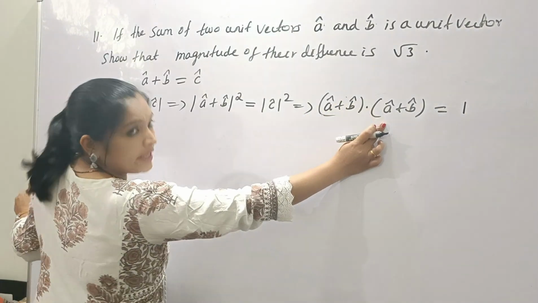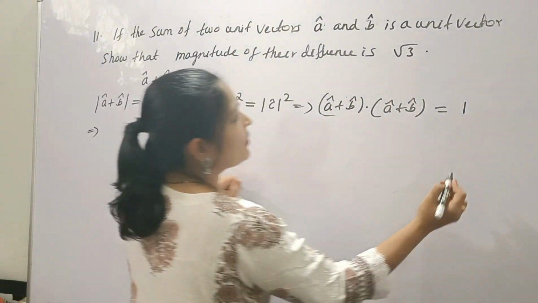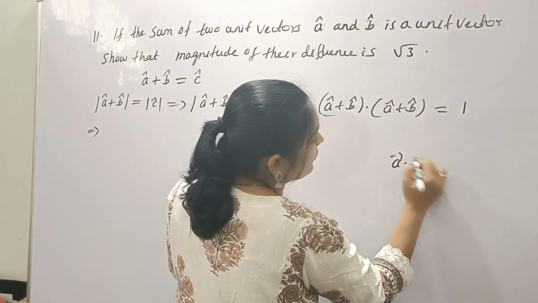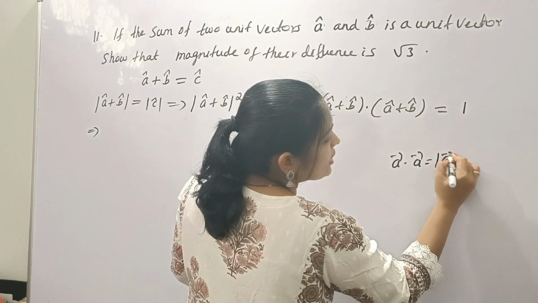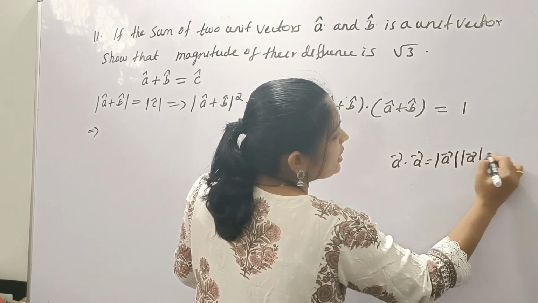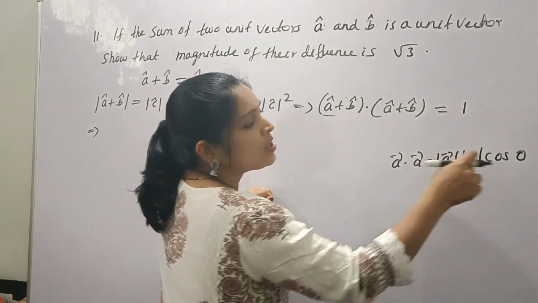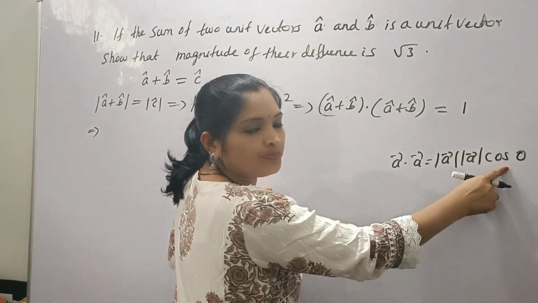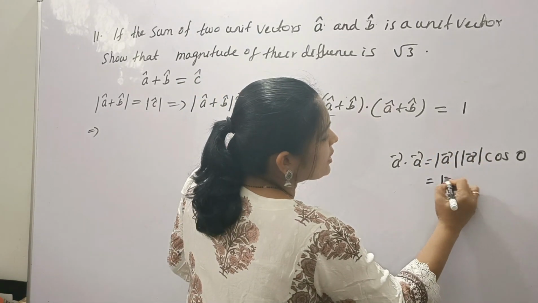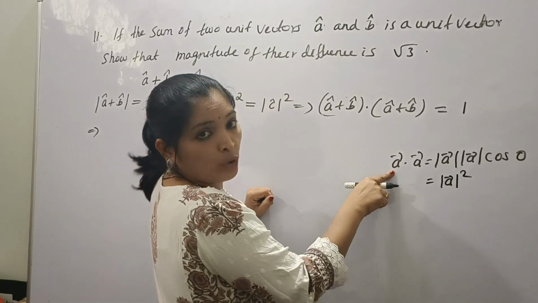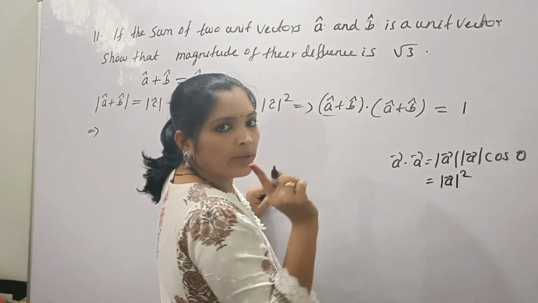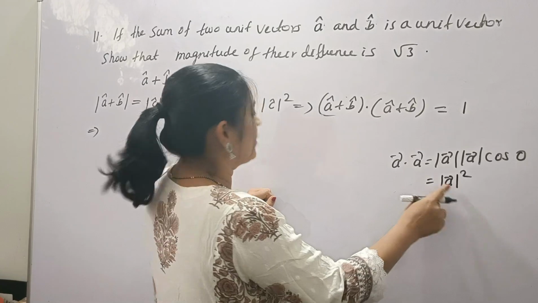A cap dot A cap. Okay, here we know that vector A dot vector A is equal to modulus of vector A into modulus of vector A into cos 0, right? Since these are same vector, so angle is 0. So it is equal to modulus of vector A square. Since it is a unit vector, its value is 1, right? That is magnitude is 1.